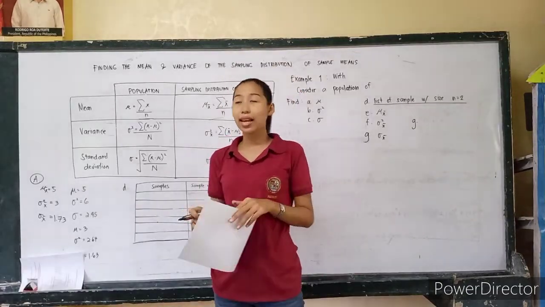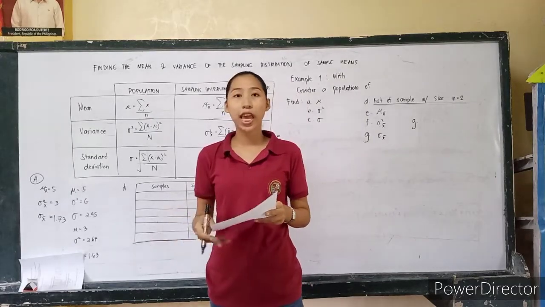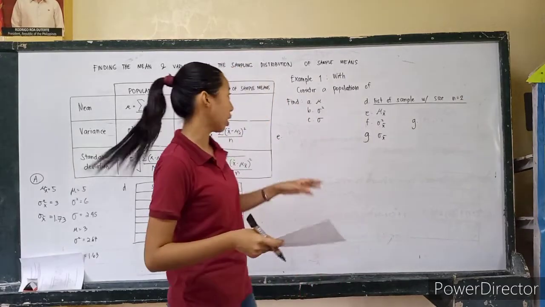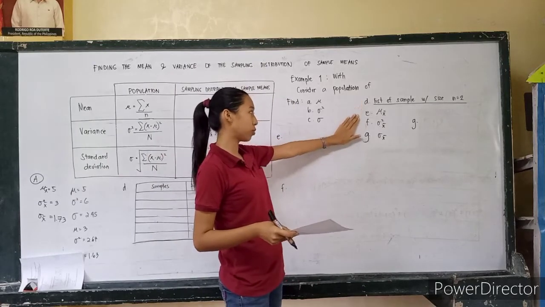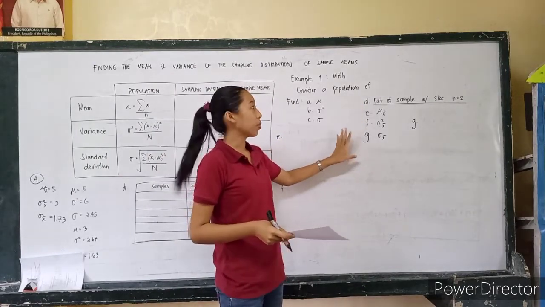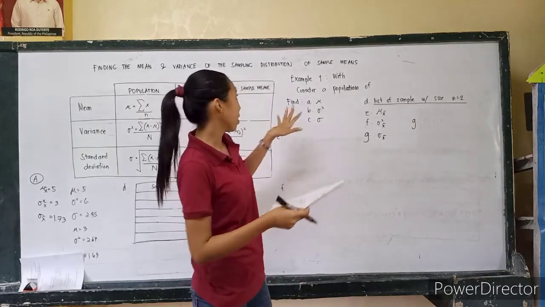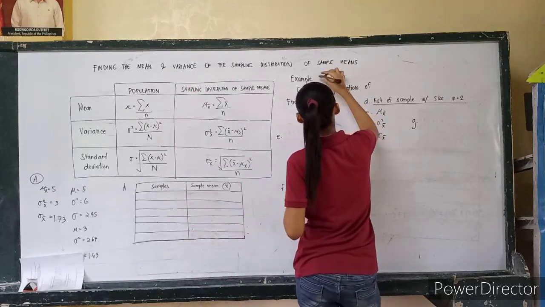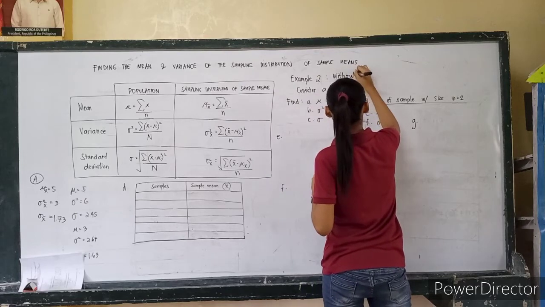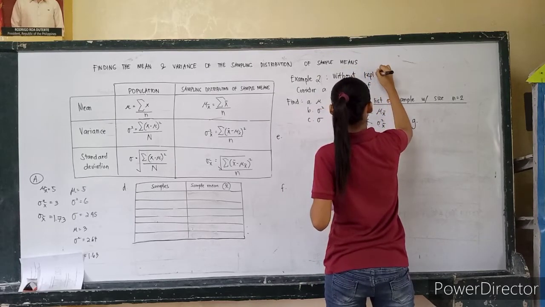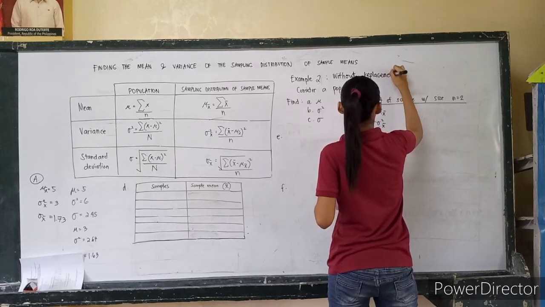So now for the second part, which is answering letter D to letter G. This time, I want to remind you that this is example number 2, and this is without replacement.